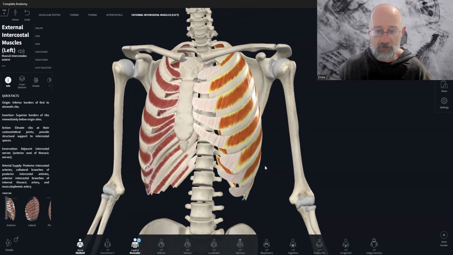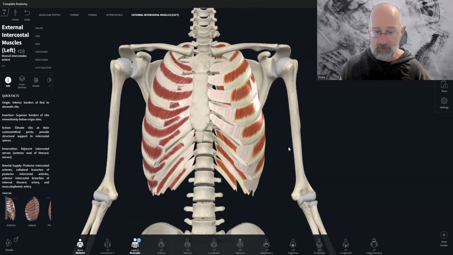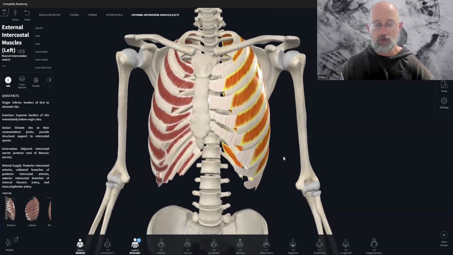Now, these muscles can absolutely be trained, the intercostal muscles, the respiratory muscles. If you're exercising properly, walking, running, jogging, lifting weights, you're using these muscles, you won't have to think about them.